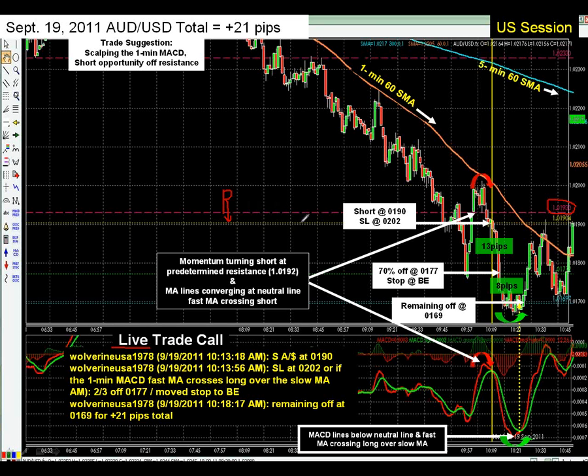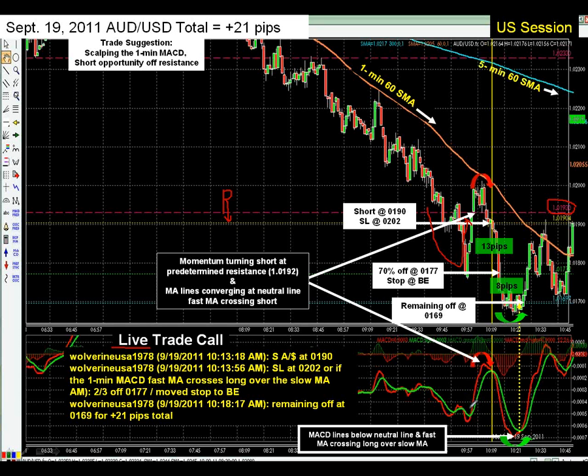In this case, it came down as support, and you can see that it came through support only to come right back up to test support as resistance. So as it's coming up to test as resistance, we watch our MACD lines, because the MACD lines are all about momentum. Now this red line is my fast moving average, and the green line is the slow moving average.